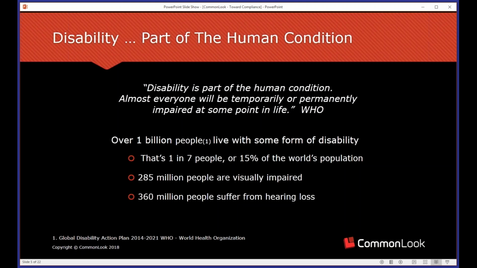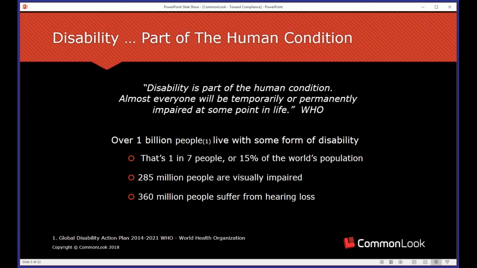This slide here has some interesting and perhaps eye-opening statistics. For example, the World Health Organization states that almost everyone at some point in life will be temporarily or permanently disabled. 1 out of every 7 people in the world are currently living with some sort of disability. 285 million people are visually impaired, and 360 million people have to deal with some kind of hearing loss.